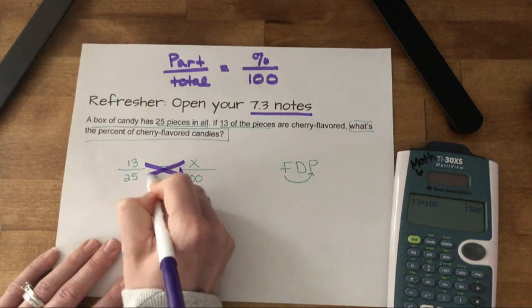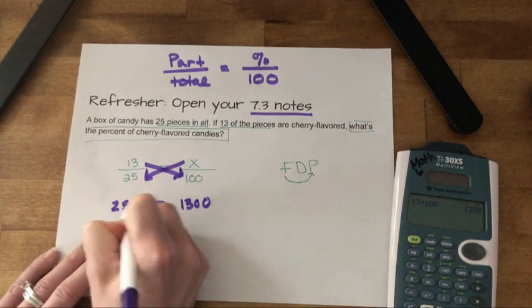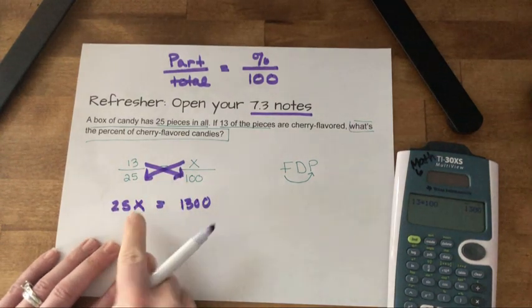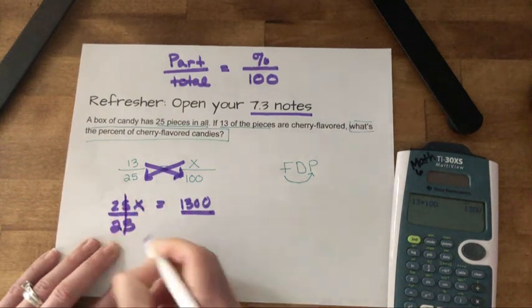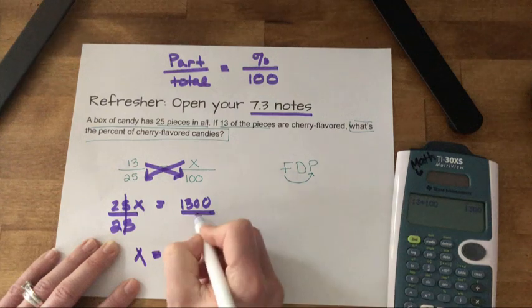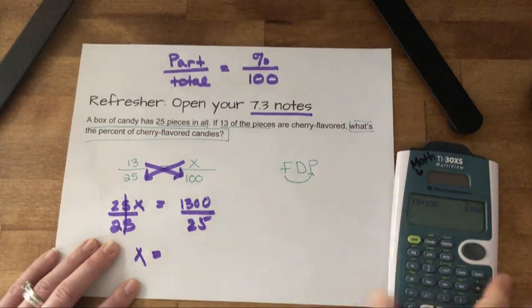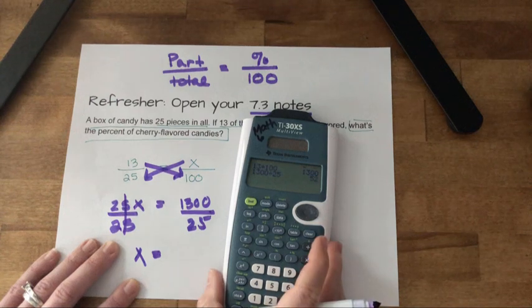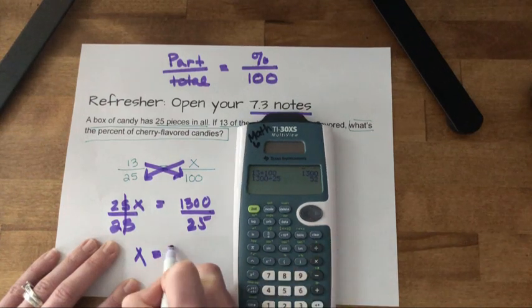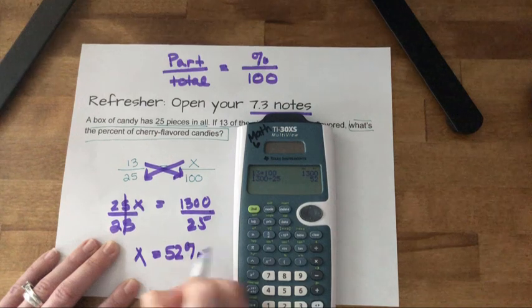That's the same as x times 25, or 25x. If I want to solve for x, I'm going to divide both sides by 25. That's going to give me 1x, which I can just write as x. And 1,300 divided by 25, there's my percent. So it would be 52%.